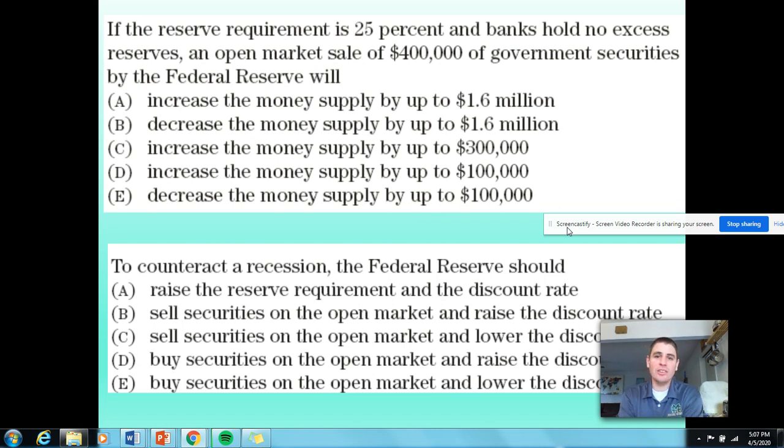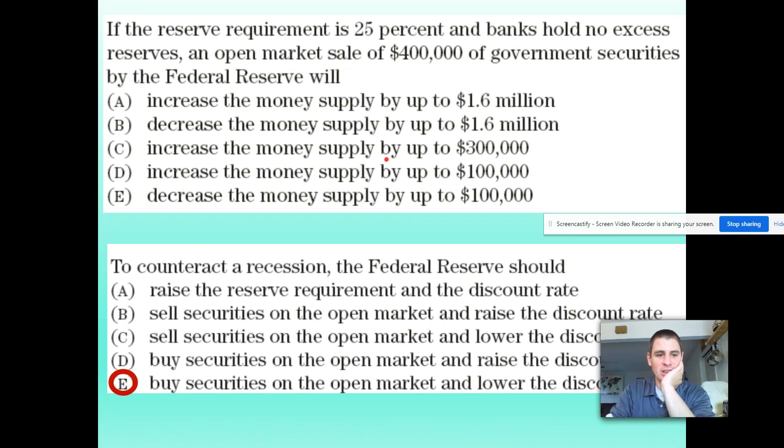How much will it change? Well, it's the multiplier times the initial change. What's our multiplier? 1 over 0.25. How many quarters in a dollar? 4. 4 times 400,000 should decrease the money supply by 1.6 million. Hopefully that's the case. Let's check.